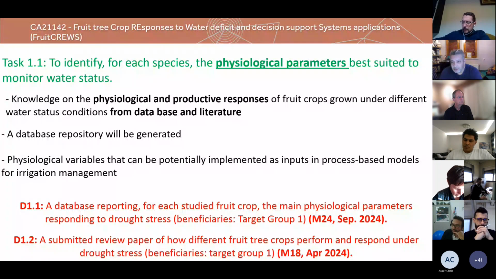And of course, a review paper on how different fruit tree crops behave in response to drought stress. This deliverable is at month 18, so it seems too far, but it is not so far. So we must also consider this.